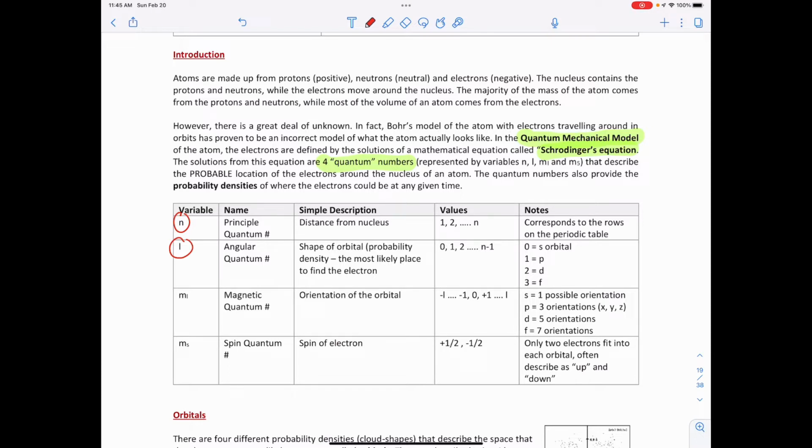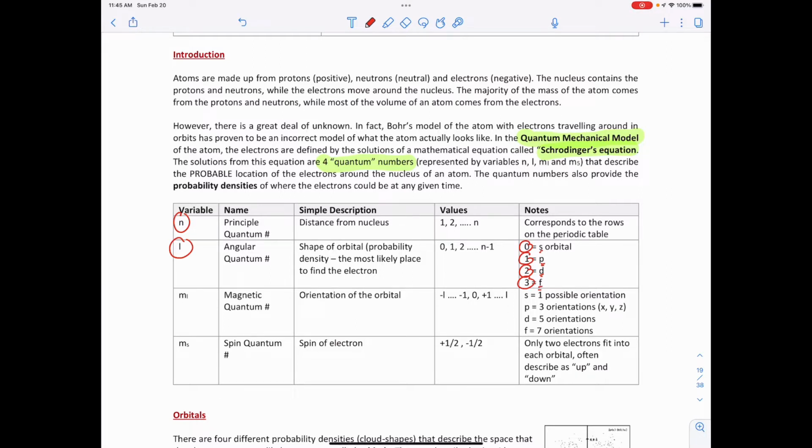These solutions for the angular quantum number, 0, 1, 2, and 3, determine what type of orbital the electrons are going to occupy. If you have a 0 for your l variable, that means you have an s orbital. 1 corresponds to a p orbital, 2 to a d orbital, and 3 to f orbitals.